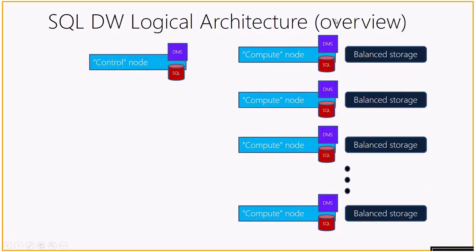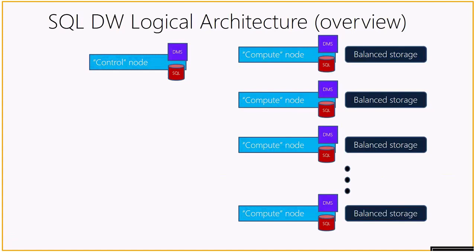Moving forward, this shows you a brief architecture description of the SQL data warehouse. Like I said before, it's a hub and spoke based architecture. Essentially, you have multiple compute nodes, which are basically slaves. You can call them slave units or computing nodes, and they have the storage associated with them.